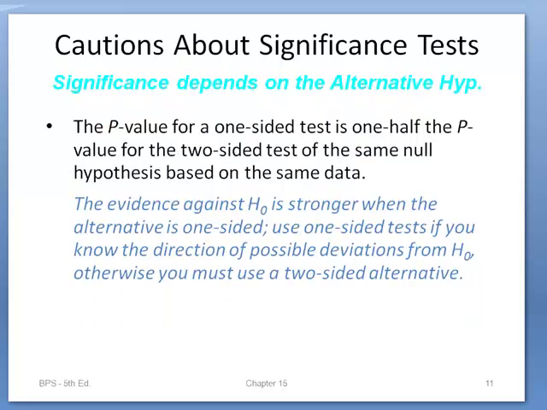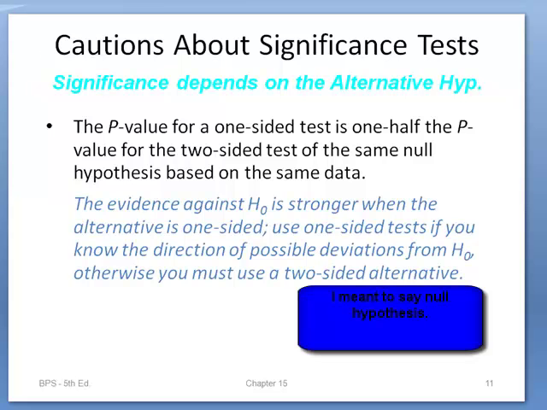The p-value for a one-sided test is 1/2 the p-value for a two-sided test of the same null hypothesis based on the same data. So the evidence against the null is stronger when the alternative is one-sided. But the time you should use a one-sided test is if you know the direction of possible deviations from the alternative. Otherwise, you have to use the two-sided alternative.